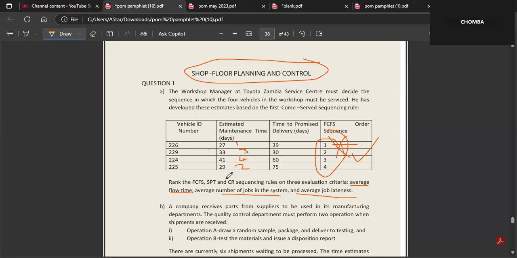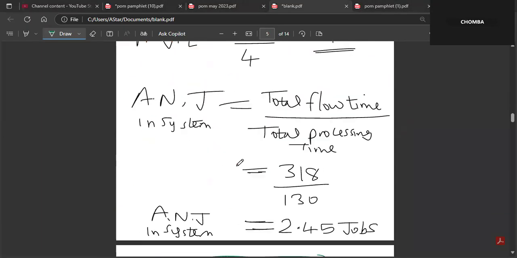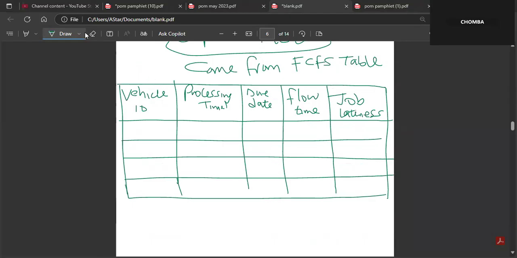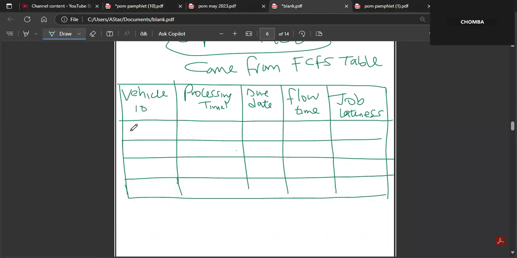Yes, that's fine. So which way will the table be? The table comes from this, and the other sequence will come from here. So we need to say the vehicle ID will be 226. The one which has 27, you pick the respective due date of 39.